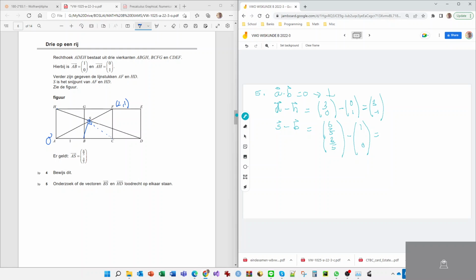This is 5 over 5. Put it in equal denominators. So this is 1 over 5, 3 over 5. And calculate the inner product.